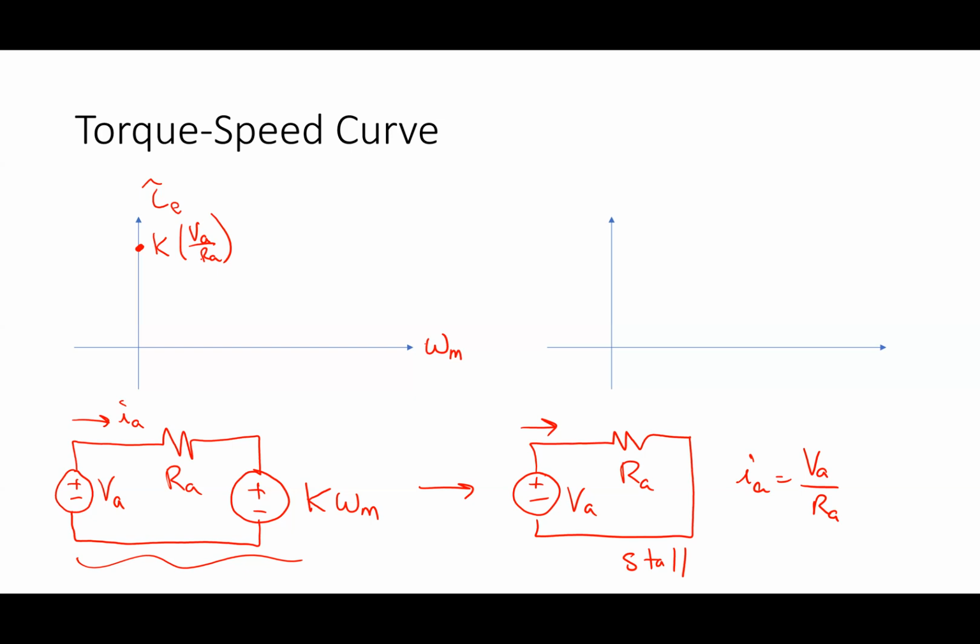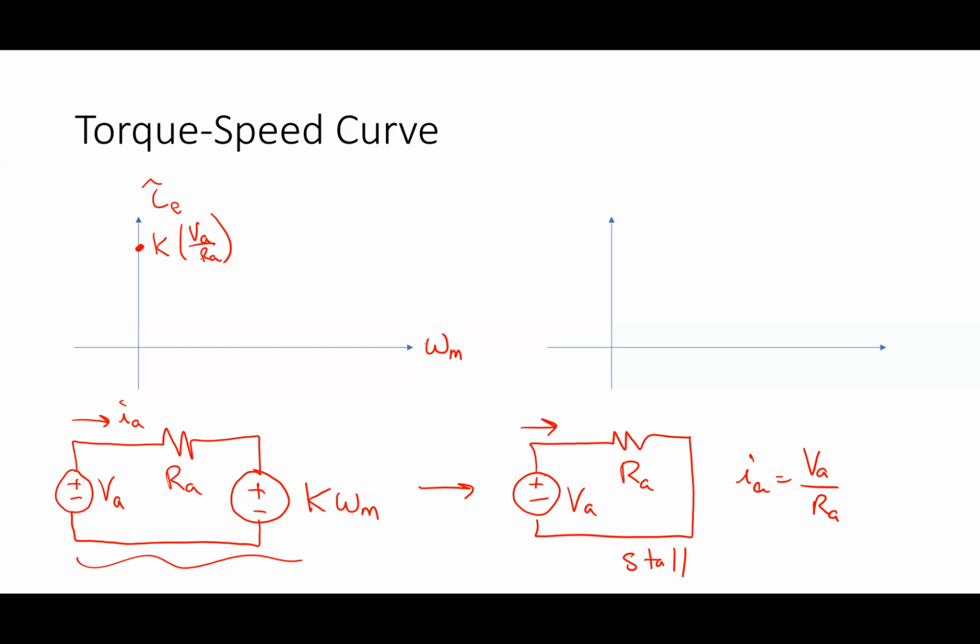Looking at that circuit, what's the maximum that K omega_m could ever be? VA, right? Those two could match each other, and there would be no current going in, meaning there would be no torque.